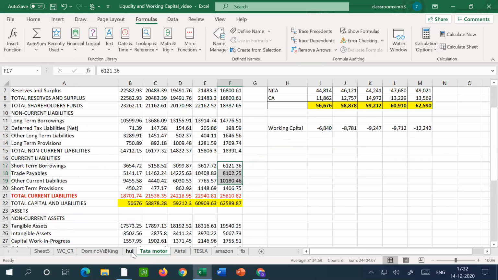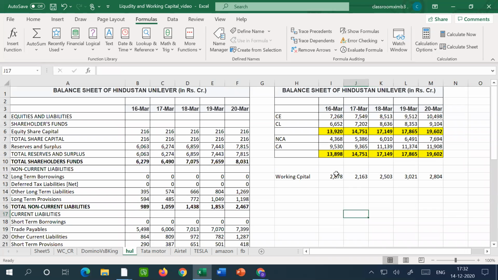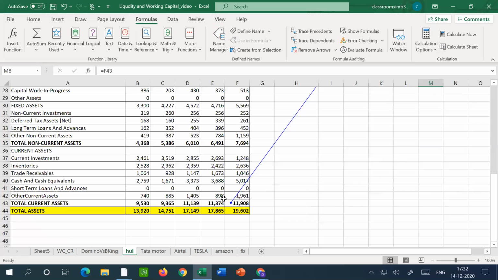What about HUL? HUL, once upon a time, used to have consistent negative working capital, but now working capital has become positive. So let us see the composition of the current assets of HUL. You will see a significant part of the current assets will be cash and cash equivalents.